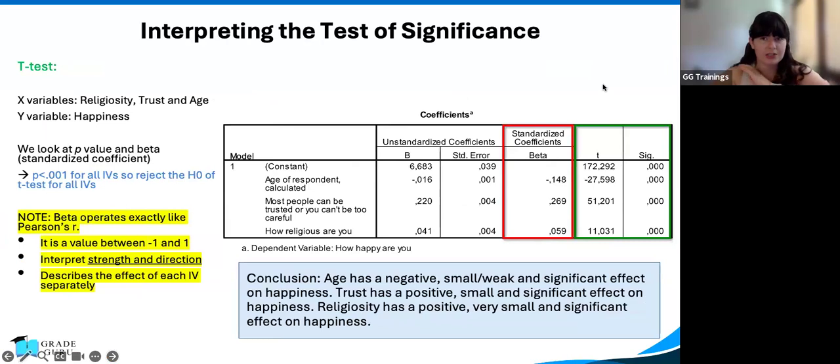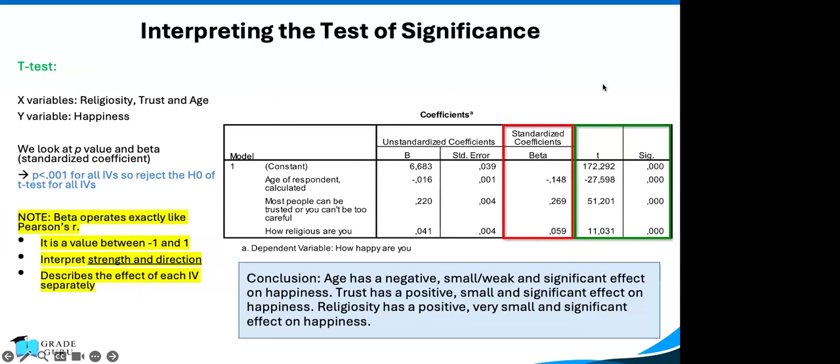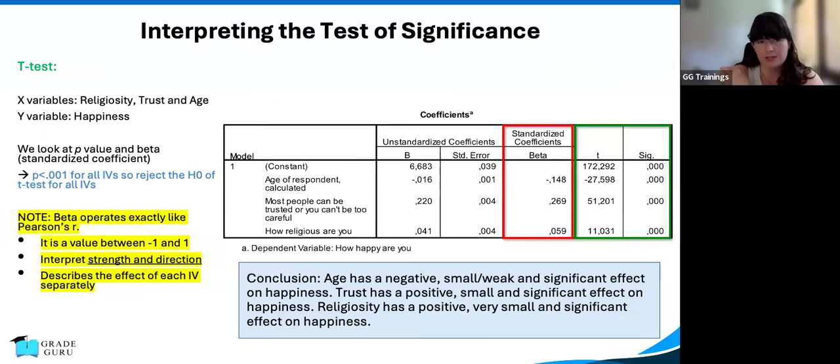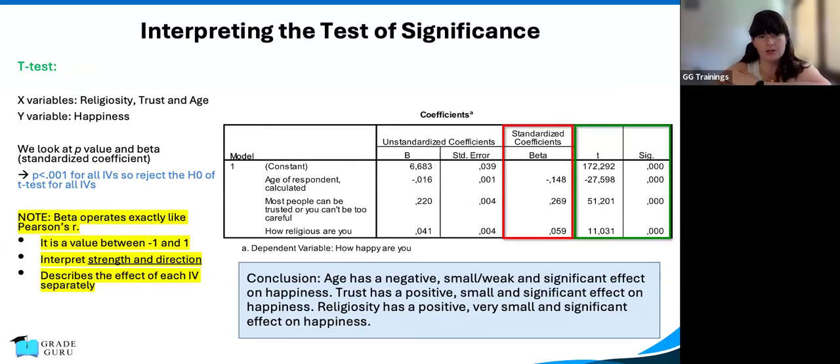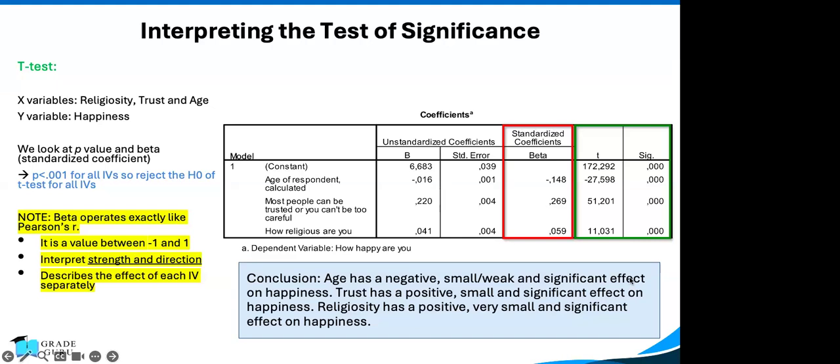Does anyone else have any questions? What if the p is significant? Do I also say something about it, or just leave it like that? So it is included in the conclusion here. So age has a negative, small, or weak, insignificant effect on happiness. Sorry, I meant not significant.